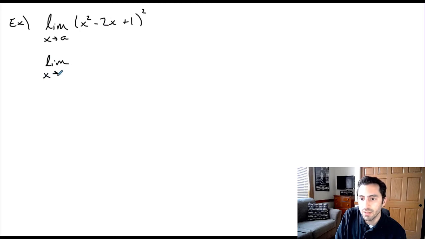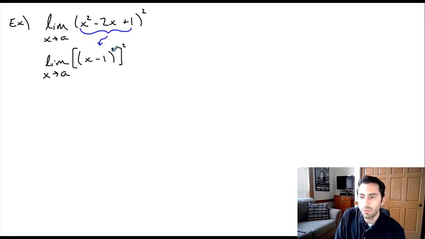So the limit as x approaches a, and then we have x minus 1 times x minus 1. Well, I'm going to write that as x minus 1 squared, and then that whole thing is still squared. So what I did there is I took this trinomial and I factored it into a binomial squared.